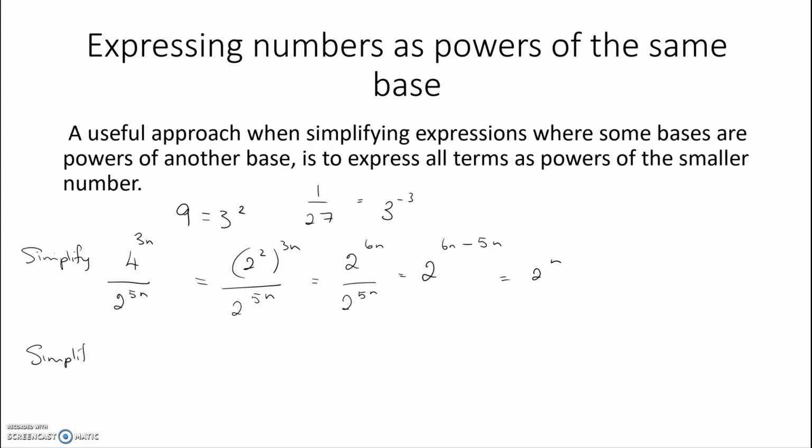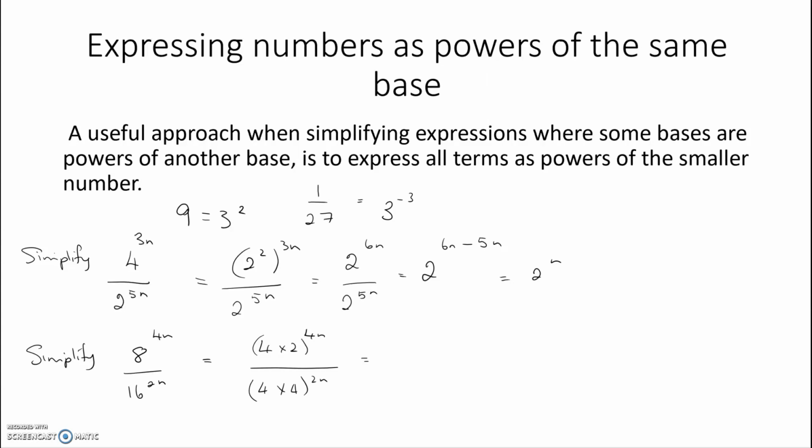Let's simplify 8 to the power of 4n over 16 to the power of 2n. Now this time let's break it up and let's say, well, 8 is 4 times 2 and 16 is 4 times 4.